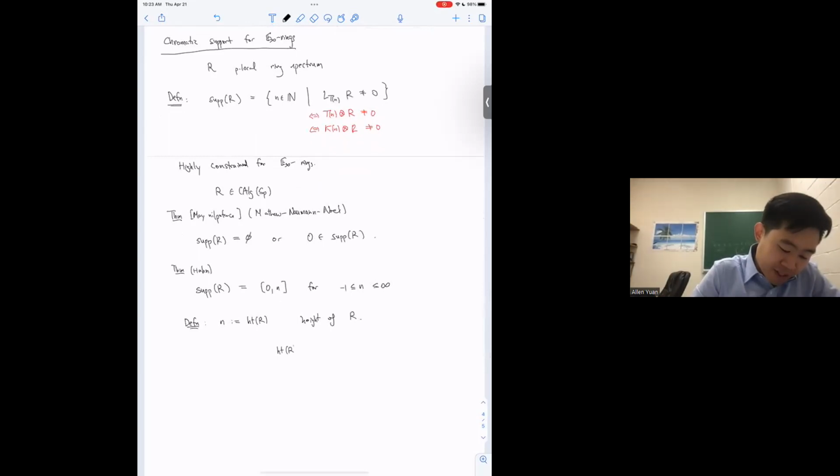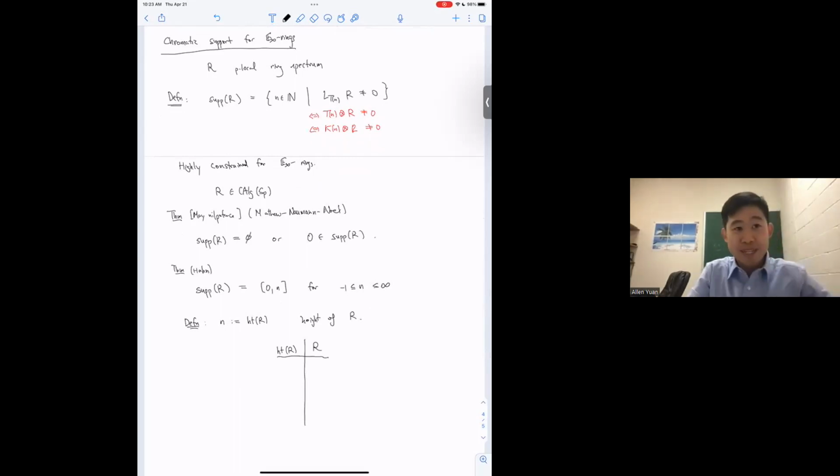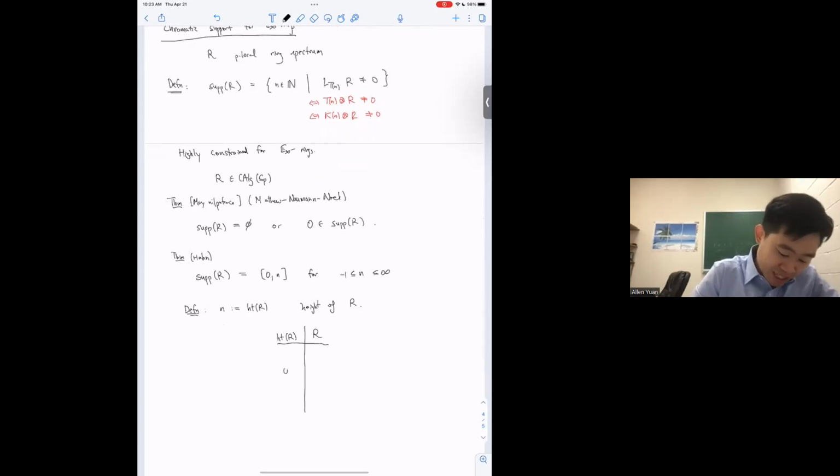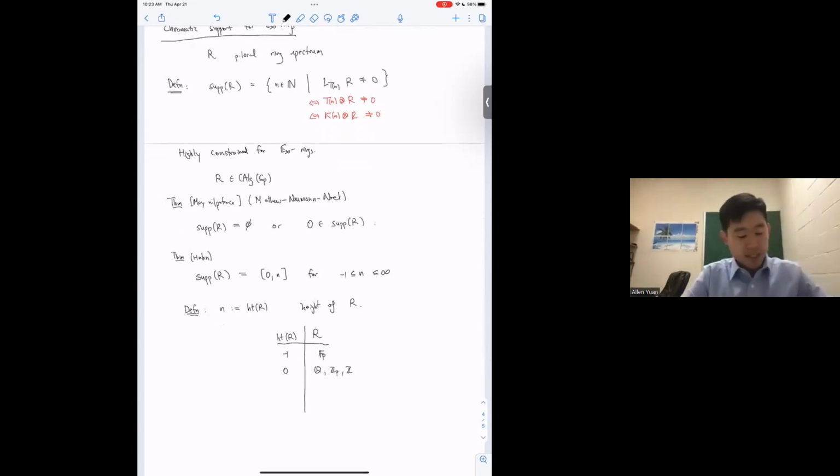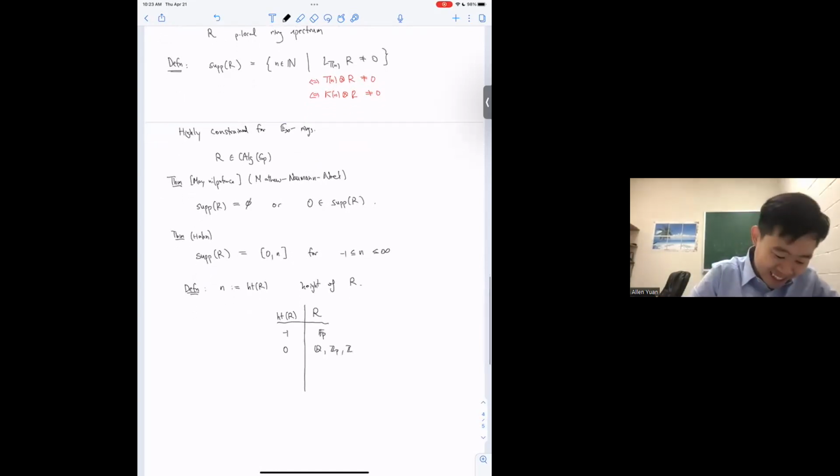And so we can give a little table that gives the height of our favorite commutative ring spectra in this sense. At height 0, you have things like Q or Z_p or Z. It's the ordinary homology with non-torsion coefficients. Under this definition, at height -1, you have F_p, because F_p tensor Q, the height 0 component of that, is 0. So its chromatic support would be empty, but whatever. At height 1, you have things like real and complex K-theory.